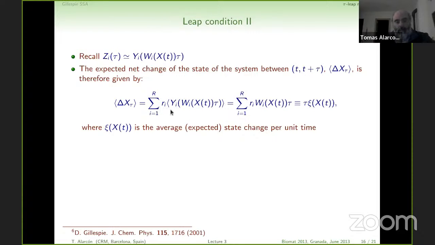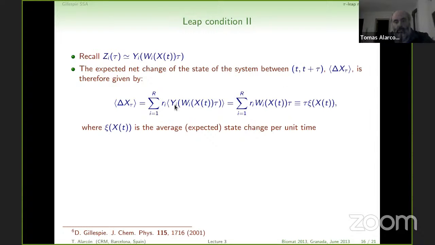Now, we can write it in this way because we are assuming that all these quantities are independent from each other, so y_i is independent from y_j. Then we can write the average in this way. And because these y_i's are Poisson variables, the average is given by this quantity here.